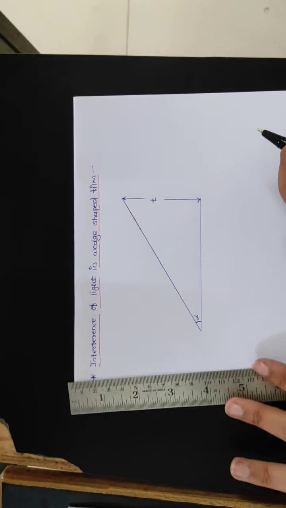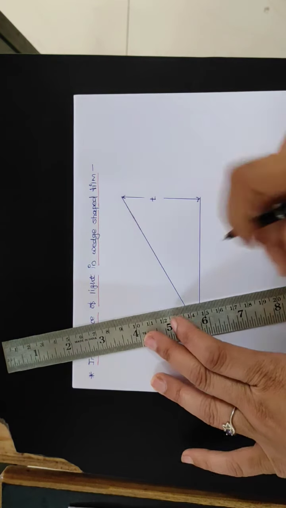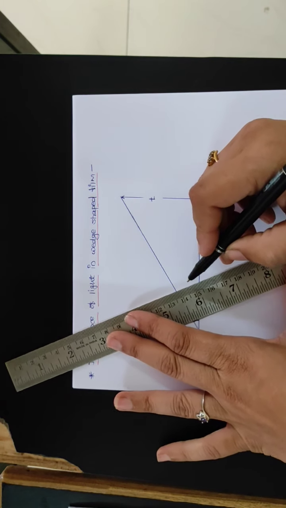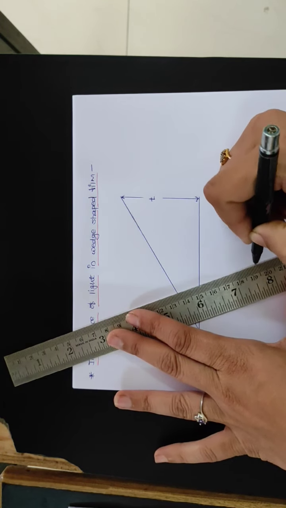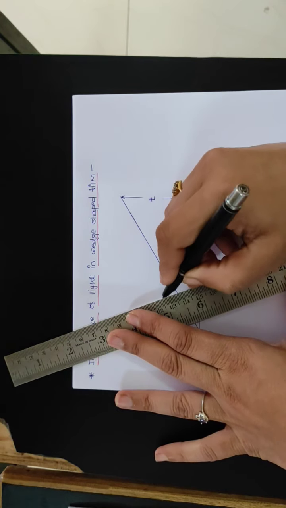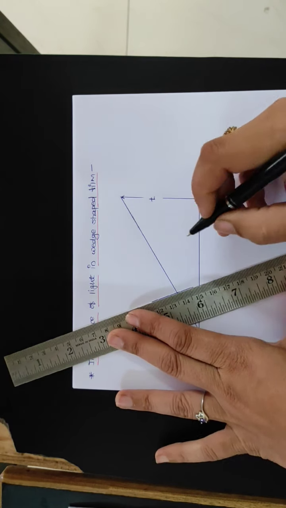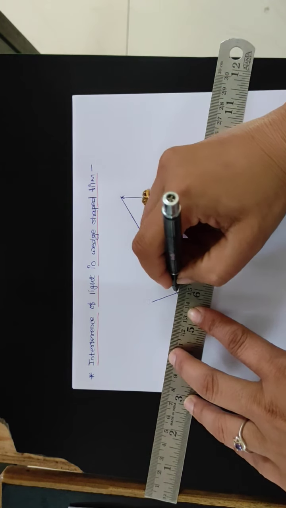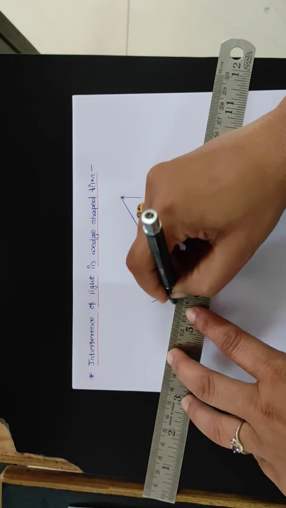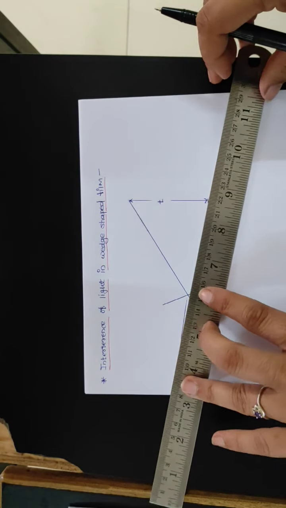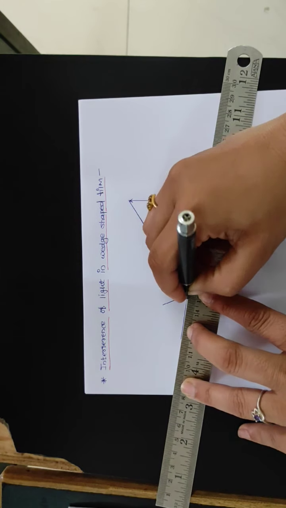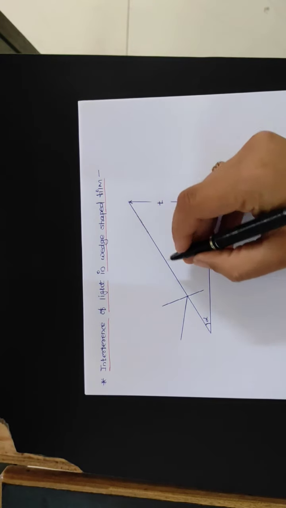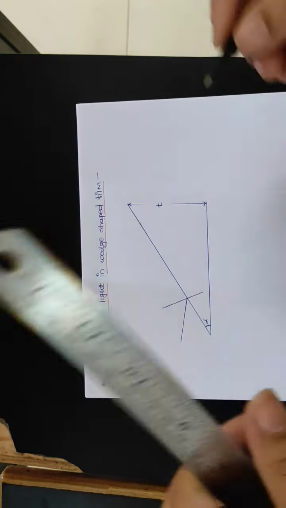Now here we draw a normal, and a ray of light AB is incident on this surface.